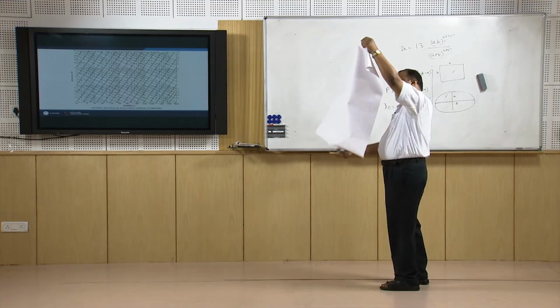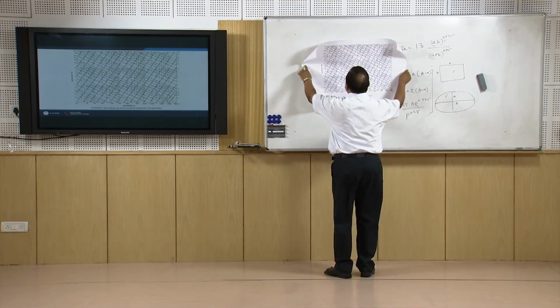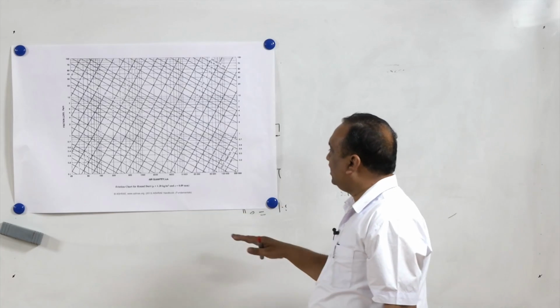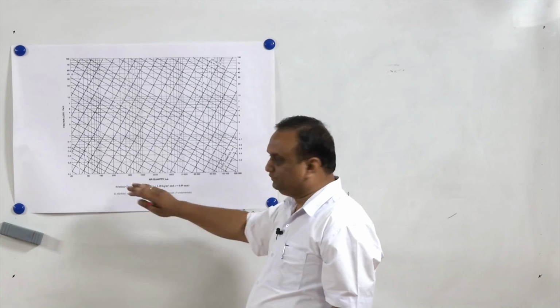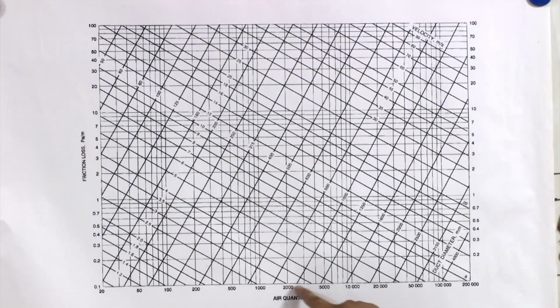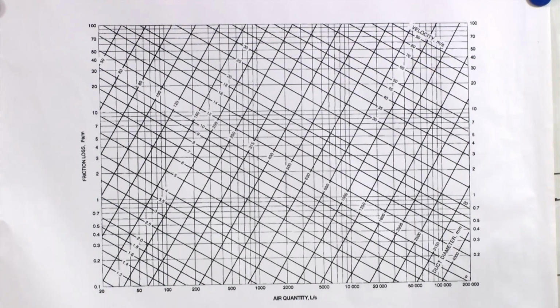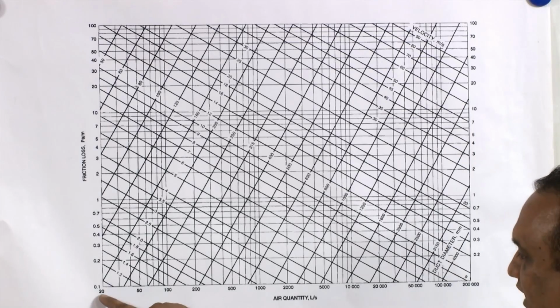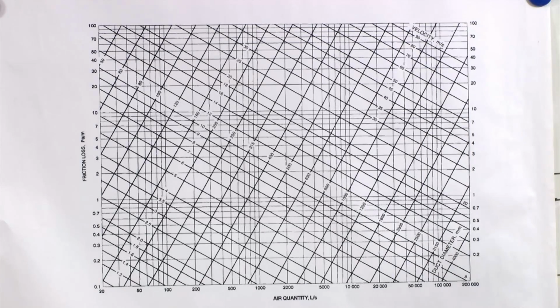Now, we will see a friction chart for a round duct. This is a friction chart for a round duct. On the x-axis, on a log scale, the air quantity is shown, starting from 20 liters per second to 2 lakh liters per second.